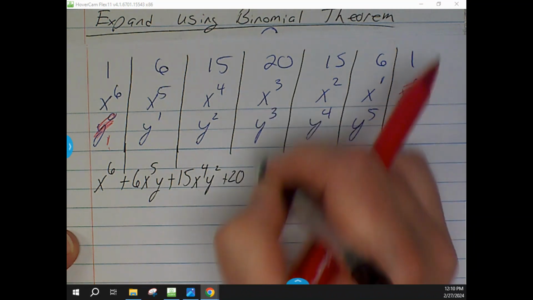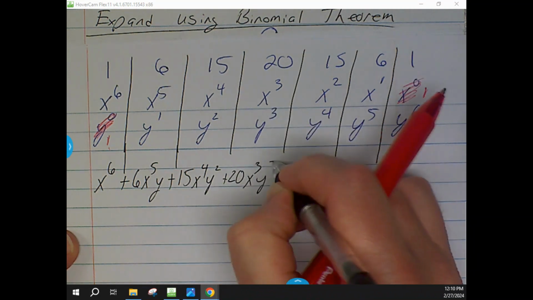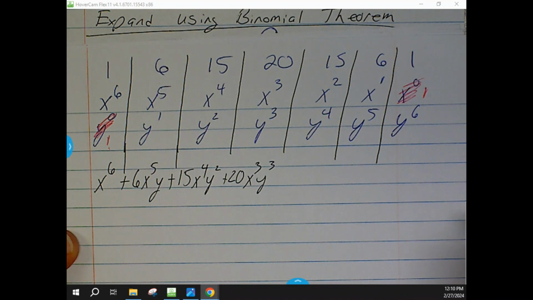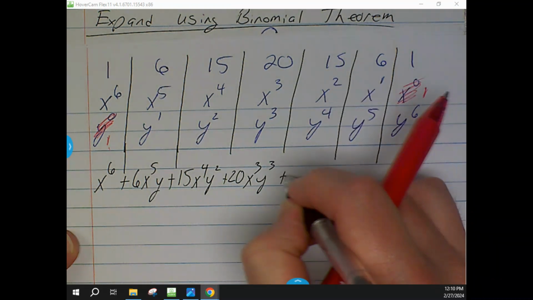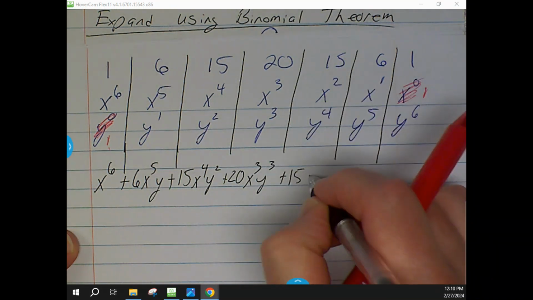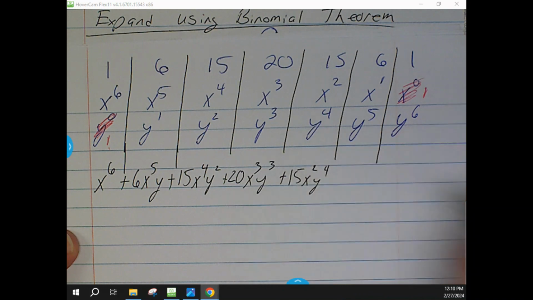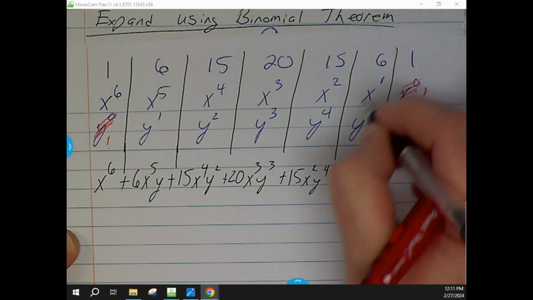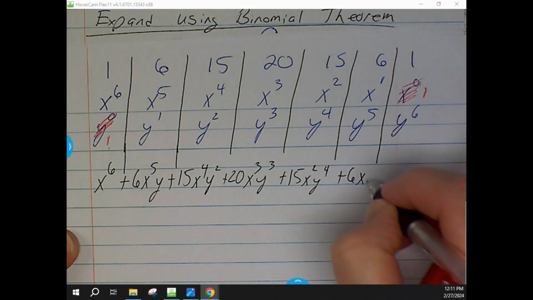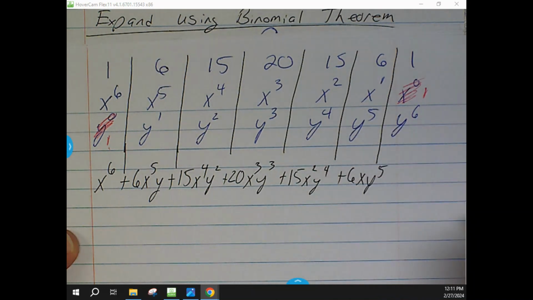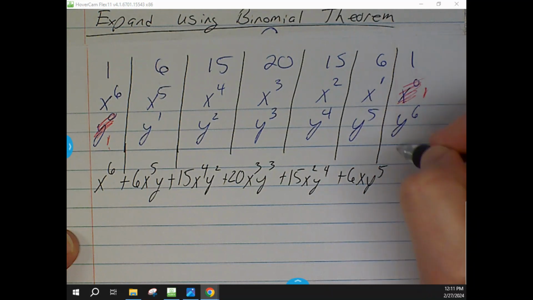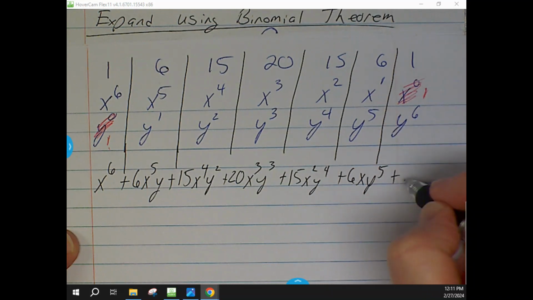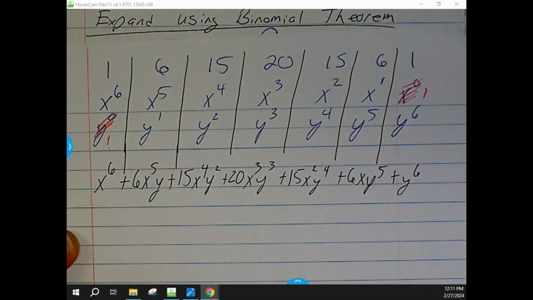This is 20 x to the 3rd y to the 3rd. This one is 15 x squared y to the 4th. This one is 6 x to the 1st, which we'll just put x, y to the 5th. And 1 times 1 times y to the 6th is 1 y to the 6th, or we can just put y to the 6th.